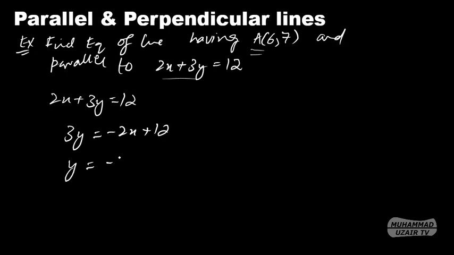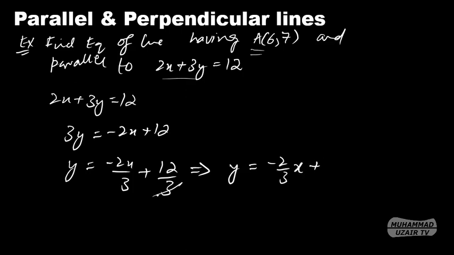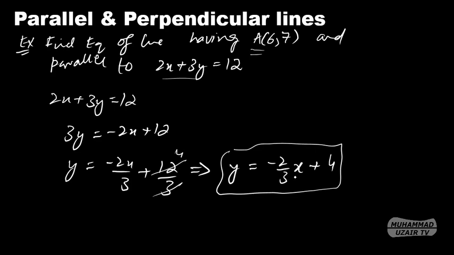So y is equal to minus 2x divided by 3 plus 12 divided by 3. You will get y is equal to minus 2 divided by 3 x plus 4, since 3 4s are 12. This is the y-intercept form, so we can easily find the slope by comparing this with the general form y is equal to mx plus b, where m is equal to minus 2 divided by 3.